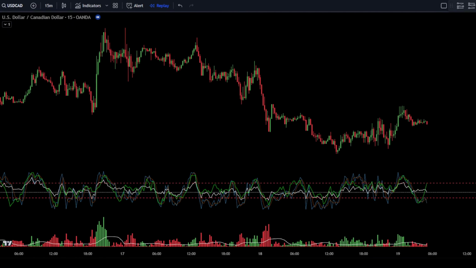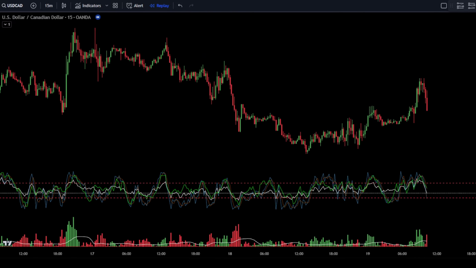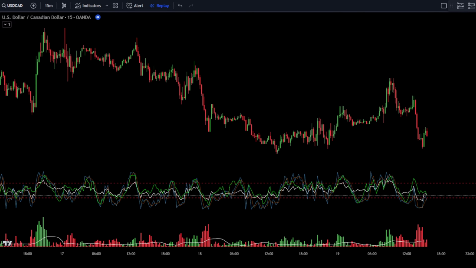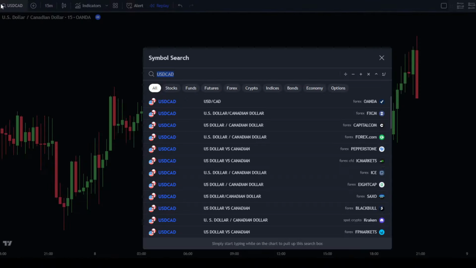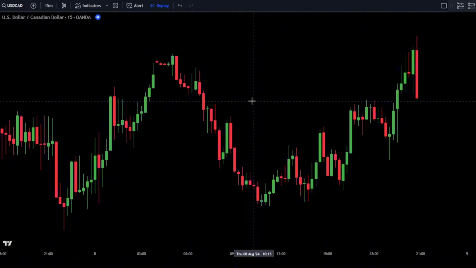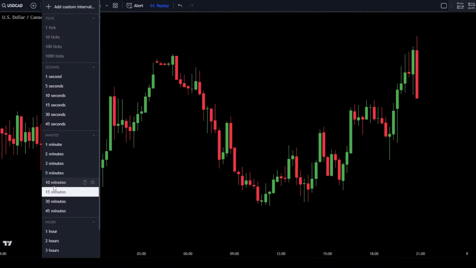Let's get started. To use this scalping strategy, you can start by going to Tradingview. Since in this example we'll be using this scalping strategy for Forex trading, set the pair to USD CAD. Then, set the time frame to 15 minutes.